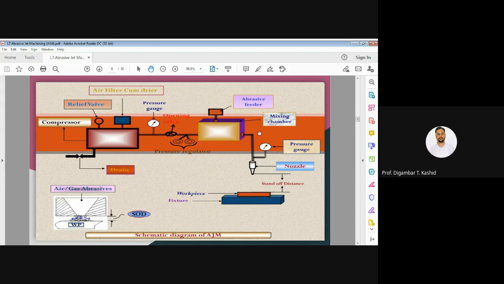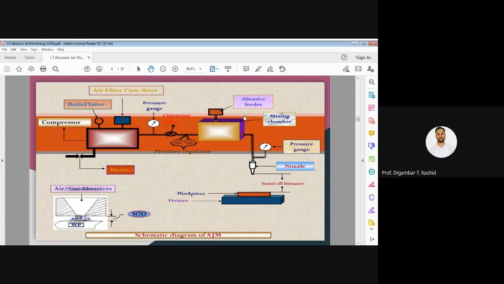The dust particles are collected and taken out of the machining chamber. You can put it at the bottom of your machining chamber to collect the dust particles. So that is the vacuum dust collector. It is not required, but we should know.